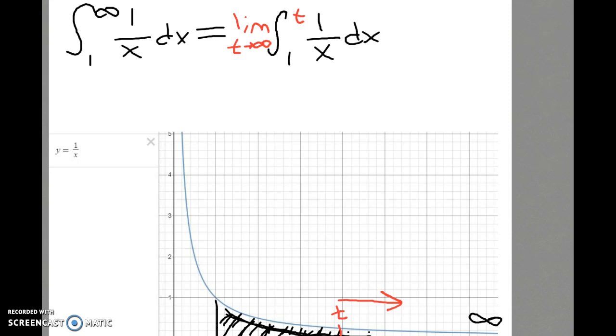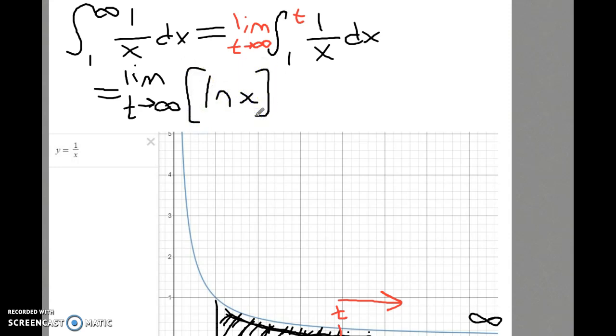So in this case, we want the antiderivative of 1 over x, which is natural log of x. So this becomes the limit as t approaches infinity of ln of x as x goes from 1 to t.